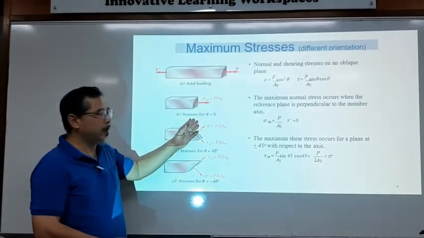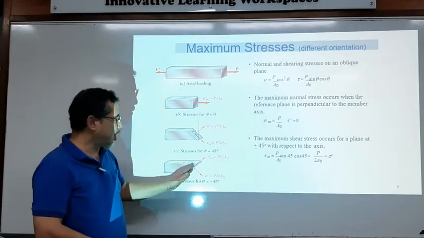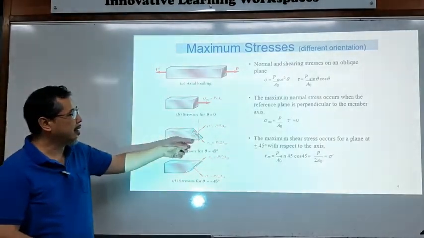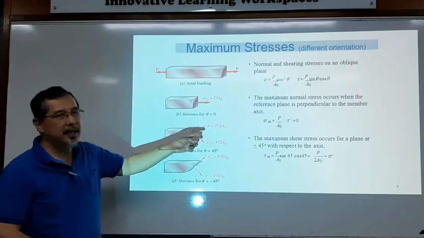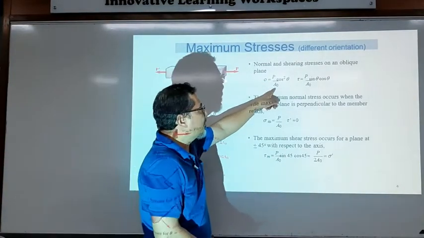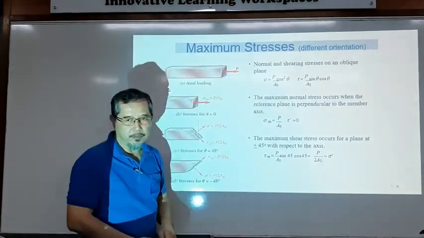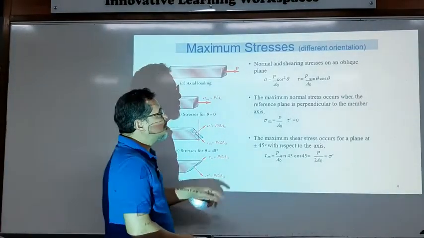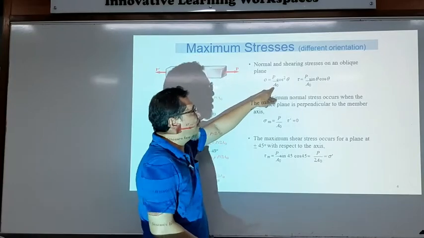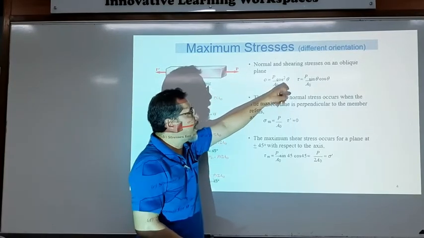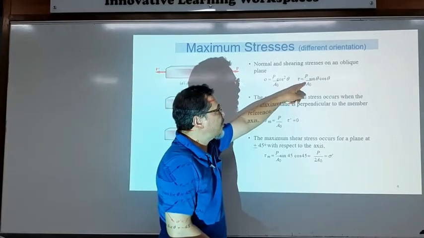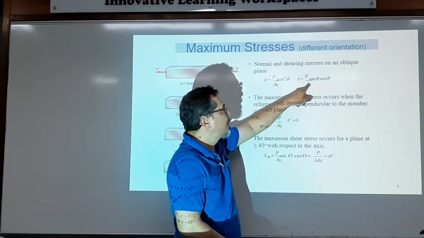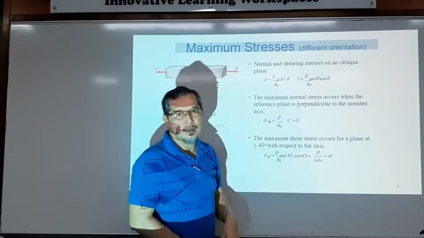Whether we go counterclockwise or clockwise, we find the values using the equations given here. Sigma is equal to P over A0 cos squared theta, and the shear stress is given by P over A0, that's the nominal stress, times sin theta cos theta.